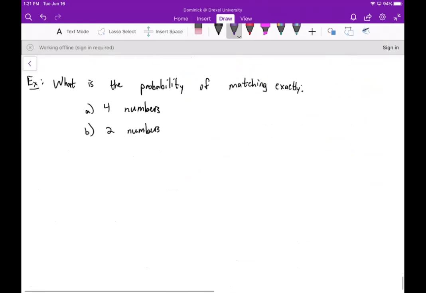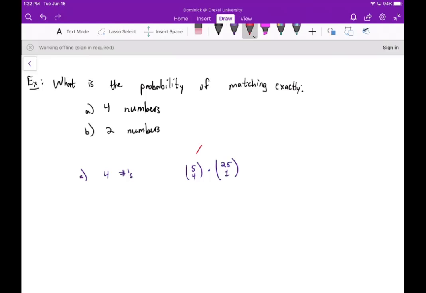Now, what if we wanted the probability of matching exactly 4 or 2 numbers? Well, the probability of matching 4 numbers would be something like this. I would need to choose 4 out of the 5 numbers that we could have, and then of the remaining 25 numbers, choose one other number.